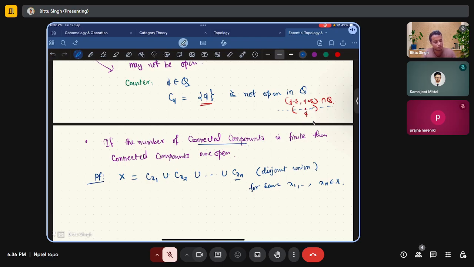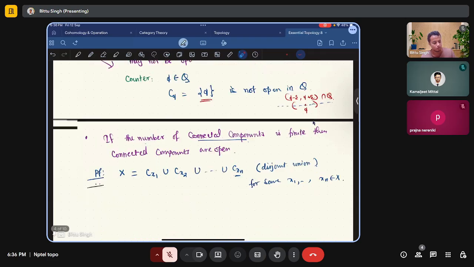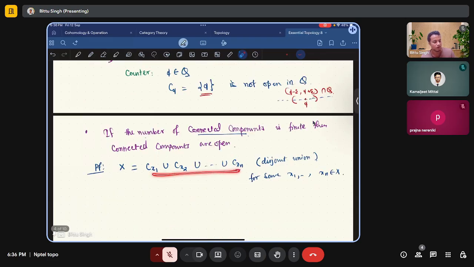Otherwise, as in the previous example, this is not the case: Q cannot be written as a finite union of components. Those components are the singletons {q}, with q rational, so that is an infinite union. But here we can write a finite union by the given hypothesis. The number of connected components is finite.